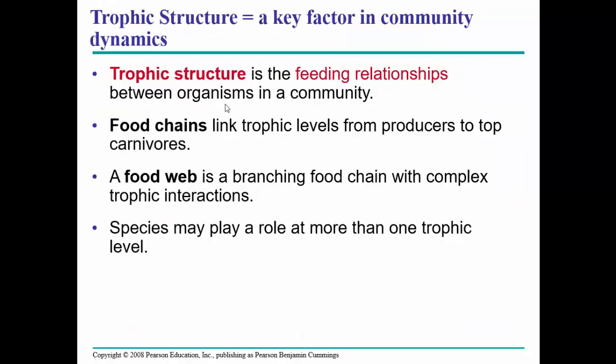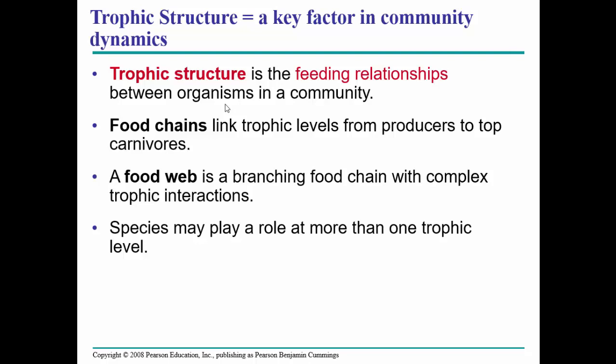Okay, so next we have what we call trophic structure. Trophic structure is very important in a community. Why? Because trophic structure represents what we call feeding relationships. In feeding relationships, we have two types: the food chain and the food web. A food chain links the levels from producer to the top carnivores.